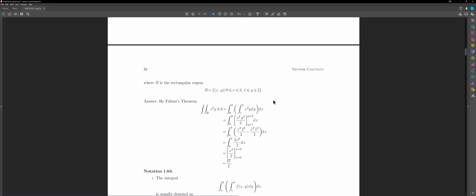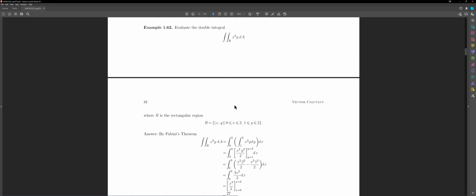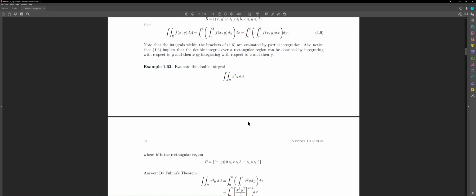Okay, so I want to evaluate this double integral of x squared y over a rectangular region. You're using Fubini's theorem, so to work out this double integral, you're going to do two integrals, first with respect to y and then with respect to x.